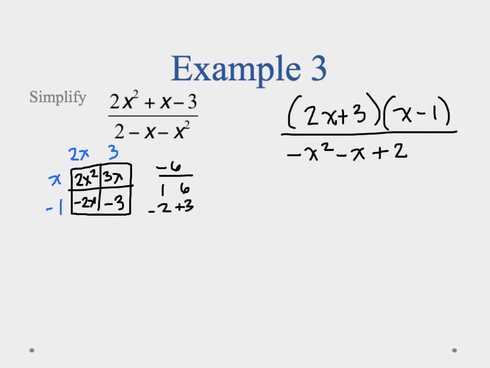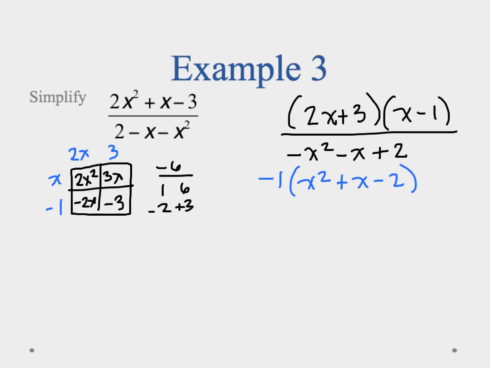You could do this later, you don't have to, it's up to you, but I like to make my first term positive. So I'm going to factor out a negative 1, which gives me x squared plus x minus 2.